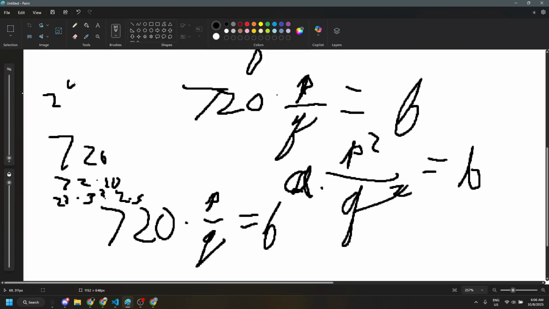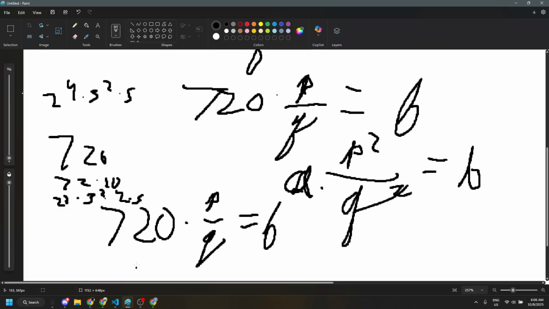So it's 2 to the 4 times 3 to the 2 times 5. Just to check, this is 16, this is 9, that would be 144 times 5. Yeah. So that must be in Q.